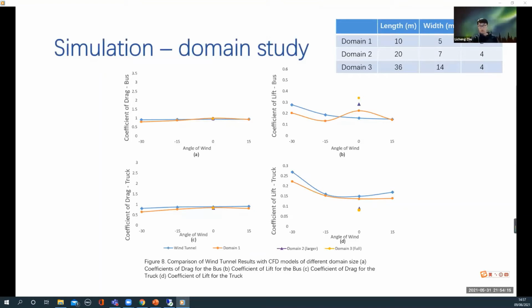So when the turbulence is fully developed, the domain size used in the modeling does not significantly affect the simulation results. So it's okay to reduce the size of the domain, considering the need to be efficient with the computation power.